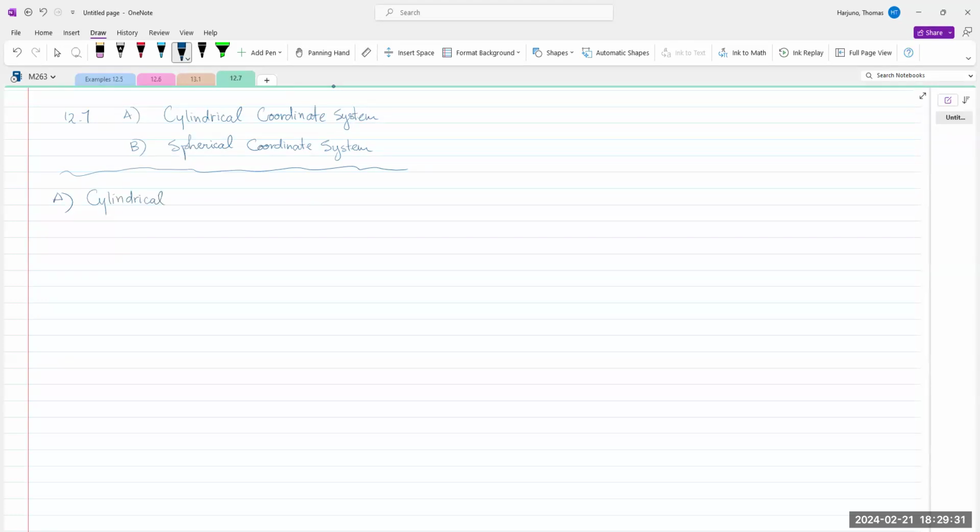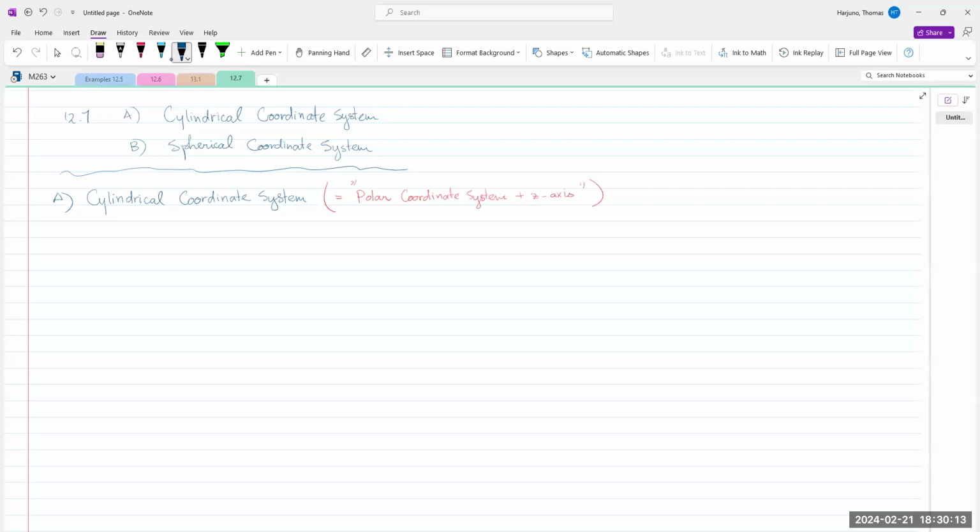A cylindrical coordinate system is basically a polar coordinate system extended with a z-axis. You can see this as a polar coordinate system, but polar coordinate system is 2-dimensional, right? So it is 2 dimensions plus the z-axis.